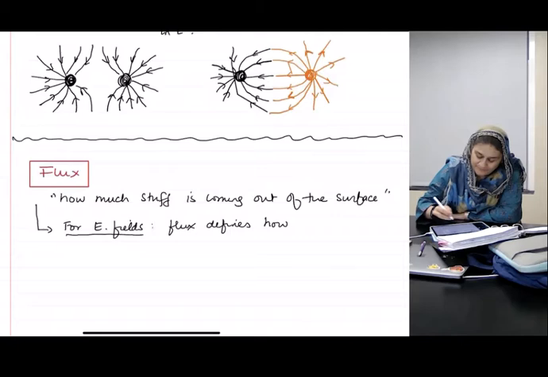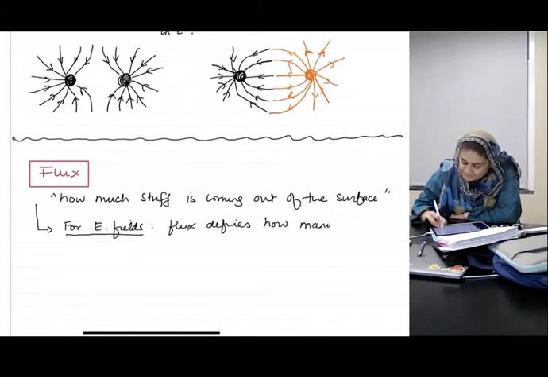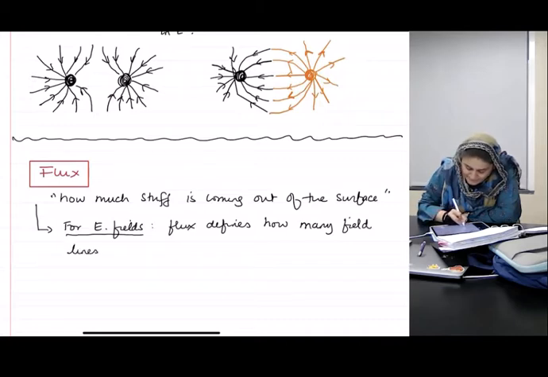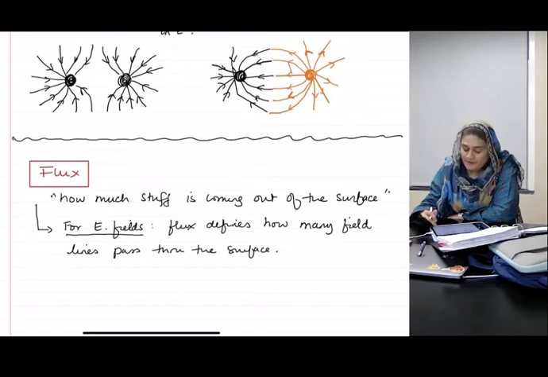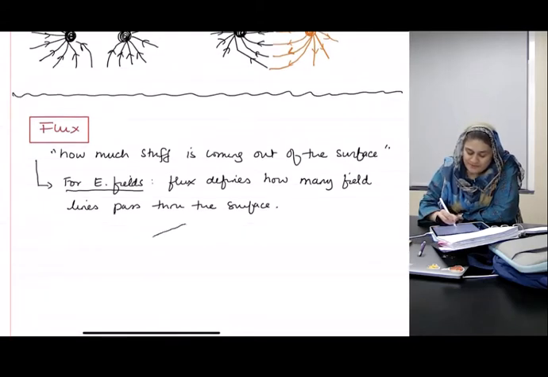how many field lines pass through the surface. So suppose this could be my surface.